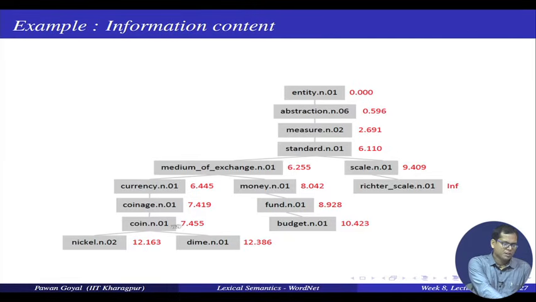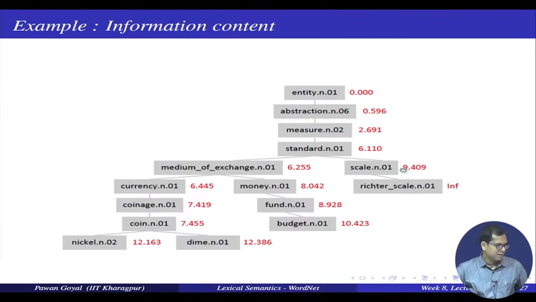Path length is 2, but the lowest common subsumer, that is coin, has an information content of 7.455. On the other hand, if I take these two concepts, medium of exchange and scale, their lowest common subsumer, standard, has an information content of 6.11. So immediately you can see this can be said to have a higher similarity than this pair.